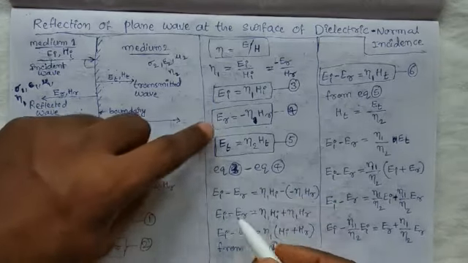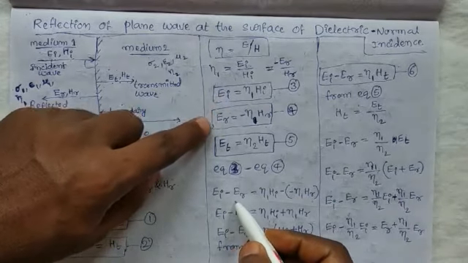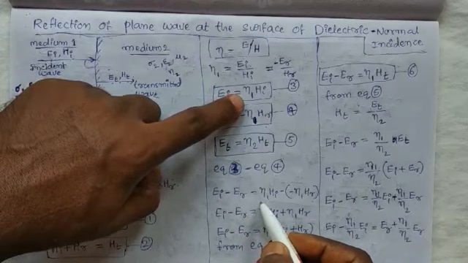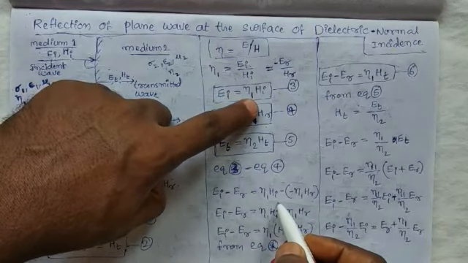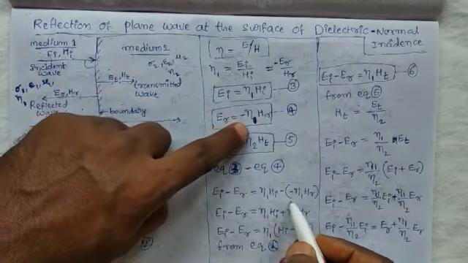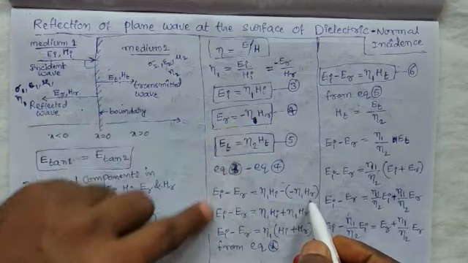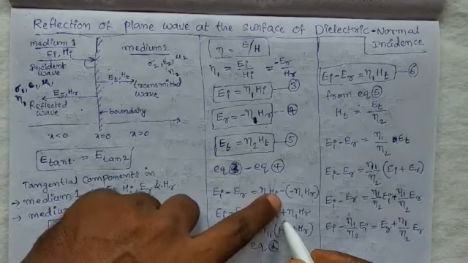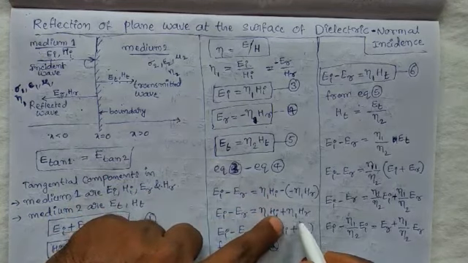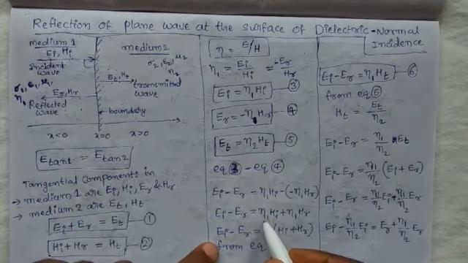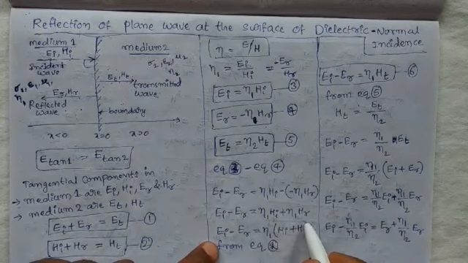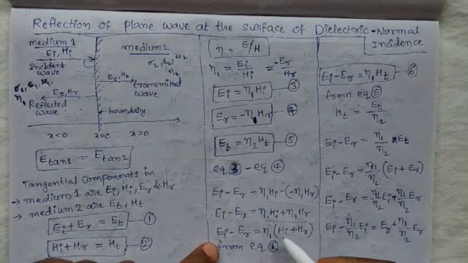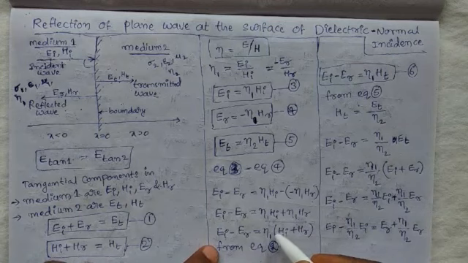Here EI minus ER is equal to eta 1 HI minus eta 1 HR, that is, eta 1 HI plus eta 1 HR, since minus into minus is plus. In these two terms eta 1 is common, so eta 1 into HI plus HR.